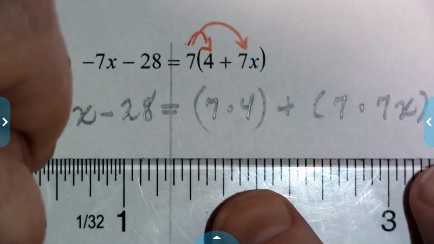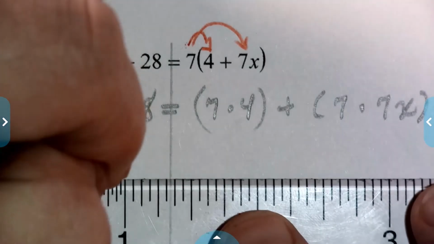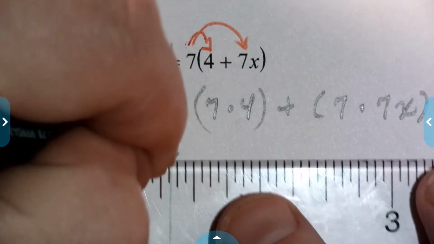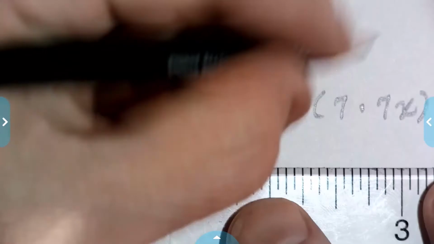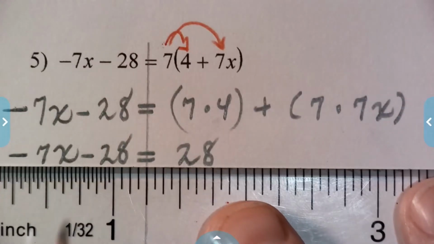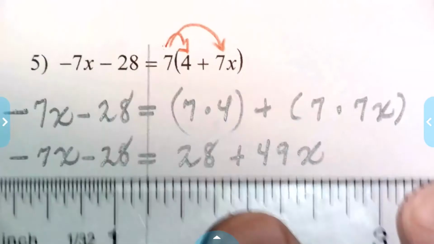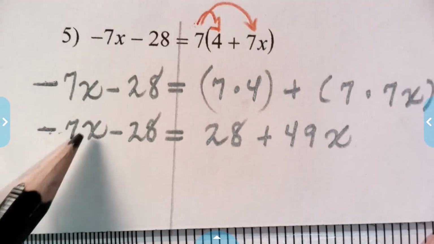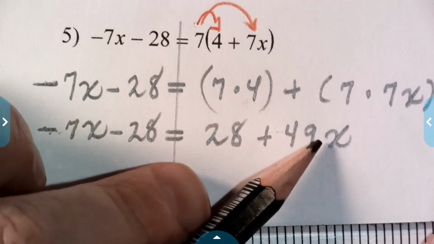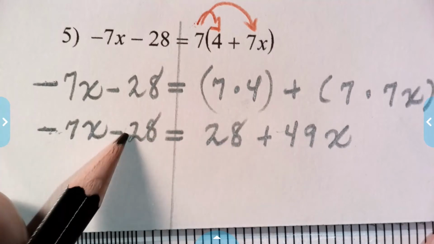All right, so the left side doesn't change, negative 7x minus 28 equals 7 times 4 is 28. And 7 times 7x, well, 7 times 7 is 49, so 7 times 7x is 49x. Okay, so we're going to need to move this negative 7x over here to hang out with this 49x, and move this 28 to go hang out over here, okay?